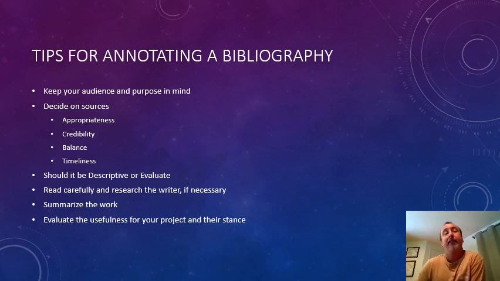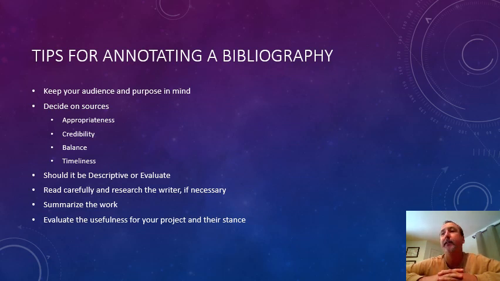And the last thing is timeliness. And this is something that I've run into trouble with before too. You find a perfect source, you're sitting there digging through the database and it's exactly what you need. And then you realize that it was written 50 years ago or something. So you could still use it as a good source. It depends on the situation. If you're writing something about technology and how that changes, probably older sources are not going to work so good.